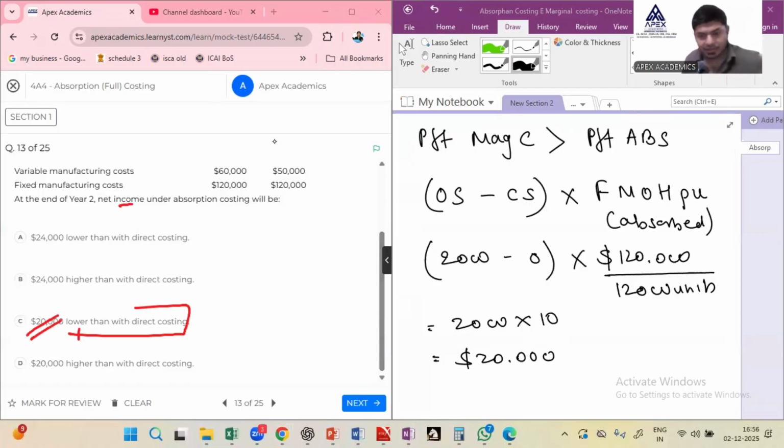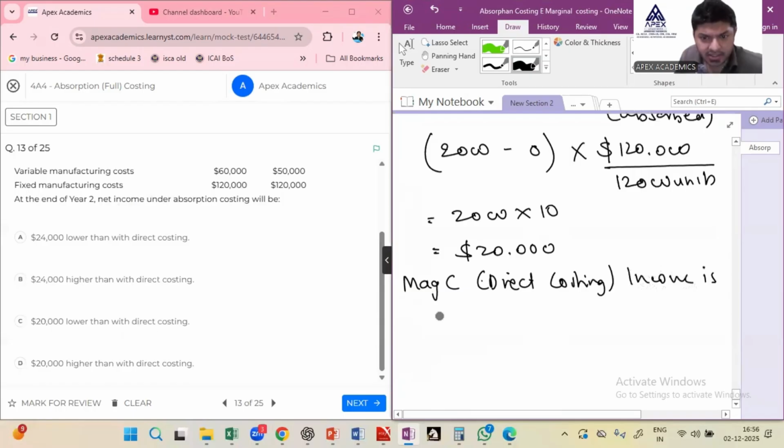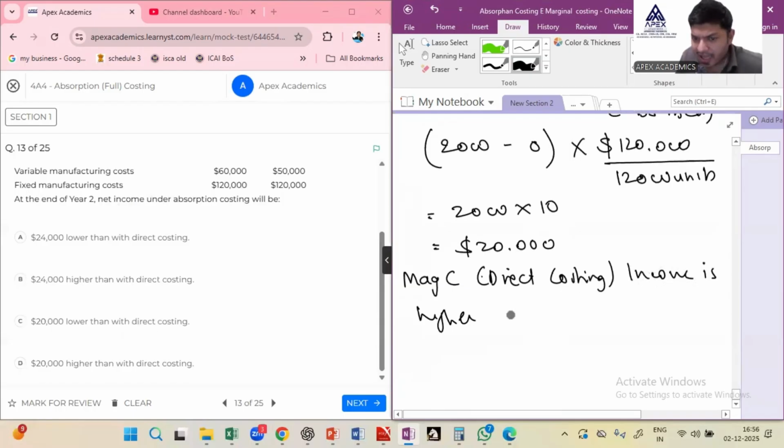So you can write it any which way. You can start off by saying that marginal costing, or you can use the word direct costing also, income is higher than absorption costing by $20,000.